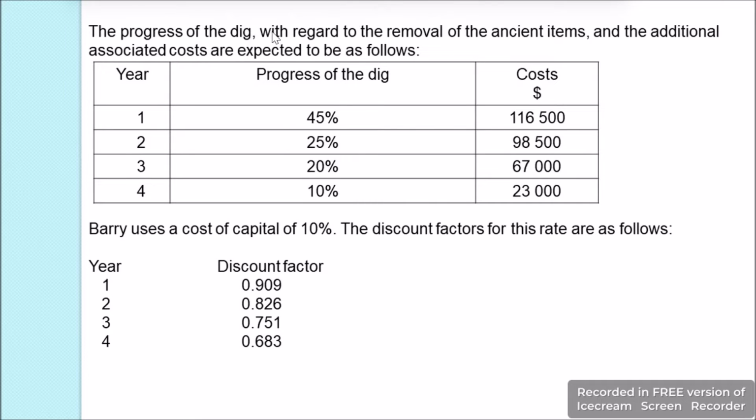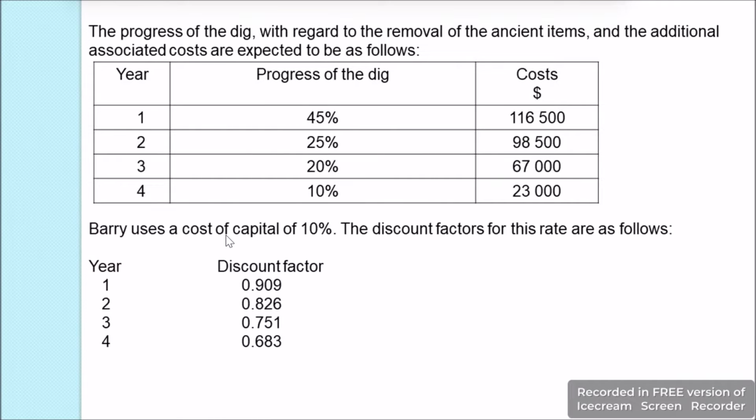The progress of the dig with regards to the removal of ancient items and the additional associated costs are expected to be as follows. Year 1, progress of the dig is 45% and the cost is $116,500. Year 2, 25% and $98,500. Year 3, 20%, $67,000. Year 4, 10%, $23,000.